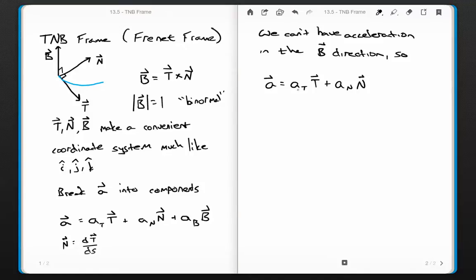So what does this really mean? I think I've got a picture of it over here. If we've got a particle traveling along some path, and its speed is increasing, or it's got some acceleration, I'll draw this one here.